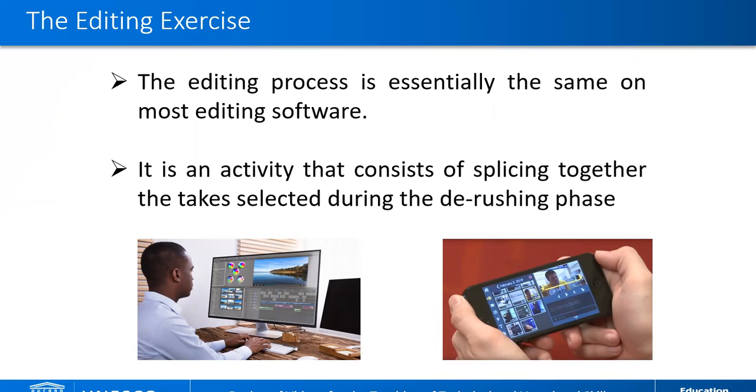The editing exercise. The editing process is essentially the same on most editing software. It is an activity that consists of splicing together the takes selected during the derushing phase.